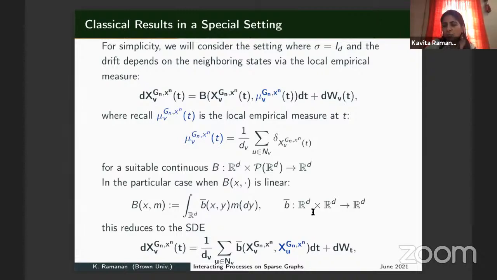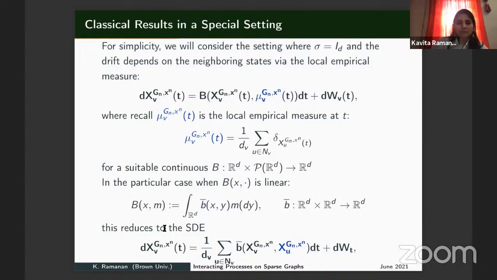But the point is that you can look at more general functions, b's which are nonlinear, but this is a generic example that you might also look at, where you're just taking the average influence of your neighbors.